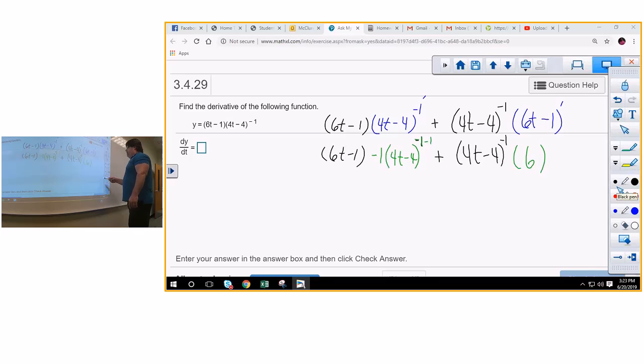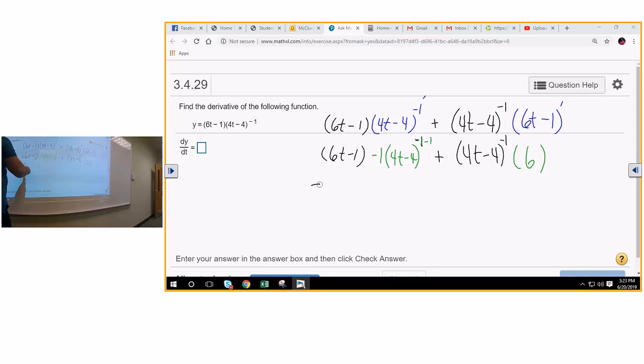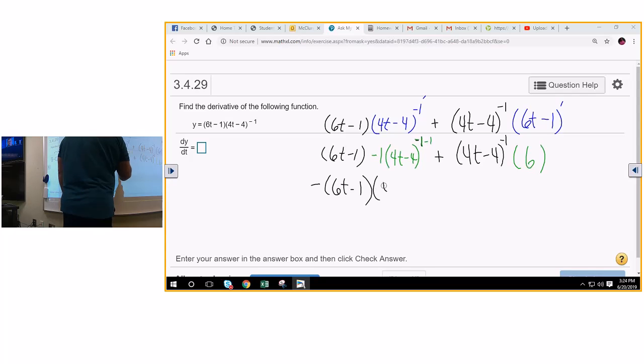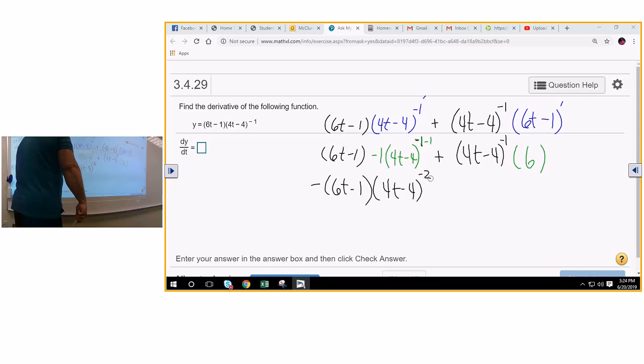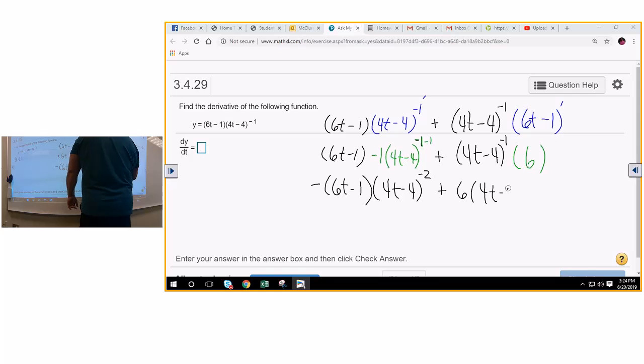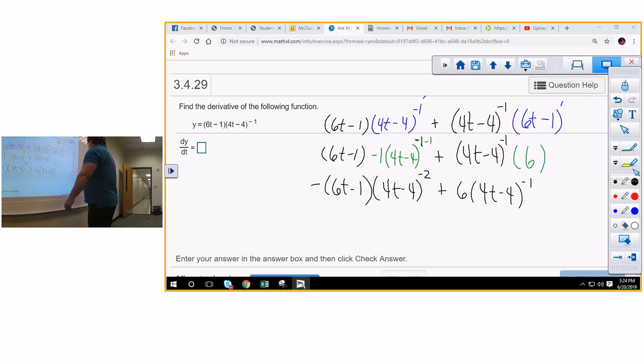That's going to give us negative (6t minus 1) times (4t minus 4) to the negative second power plus 6 times (4t minus 4) to the negative 1 power. And of course, you know that the negative exponents come downstairs.